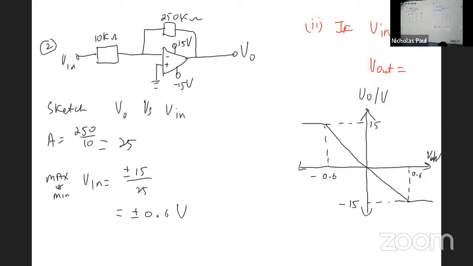Positive 0.7. What will happen to your V out? What value will it become? Look at your graph. Plot 0.7 and try to read off what you're getting for the output.